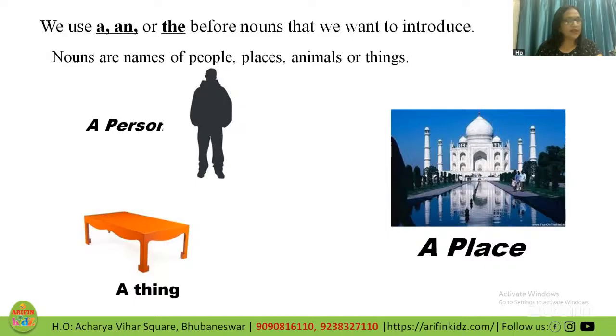Here we cannot write an person, an thing, an place, or the person, the thing. It is a person, which means it's just general. It is not specific. Or a thing, it's a table or stool, whatever you can say. And as we see the picture of the Taj Mahal, when we say the Taj Mahal, it has become specific. But here it's a place, so a place is non-specific. So we use a before that.